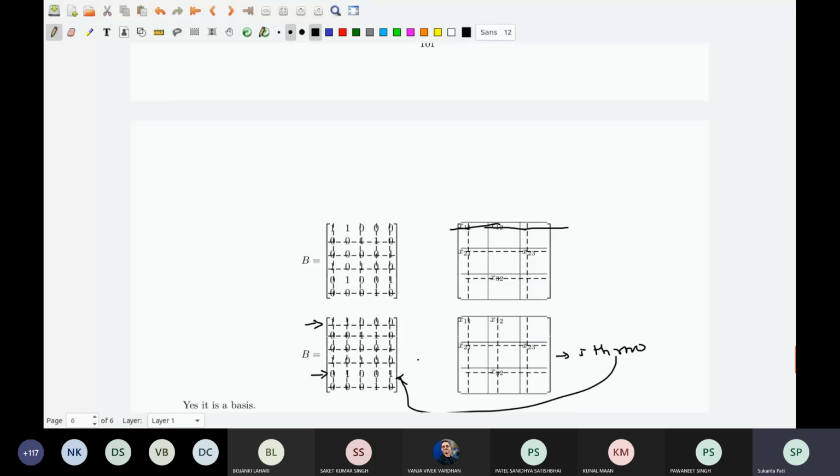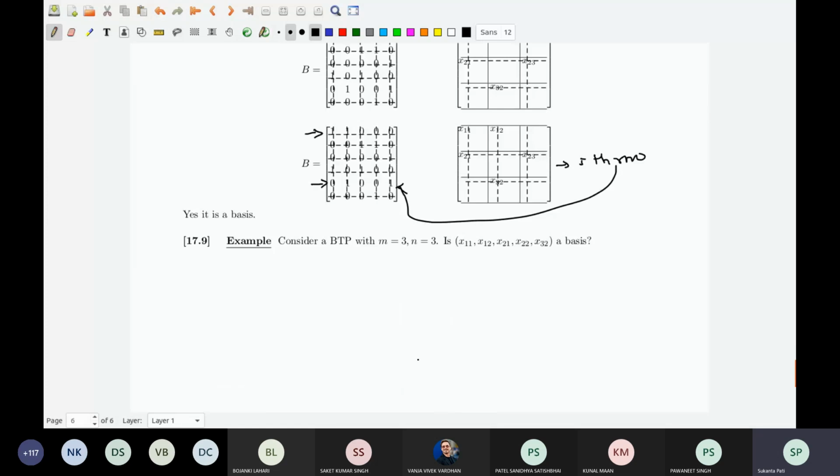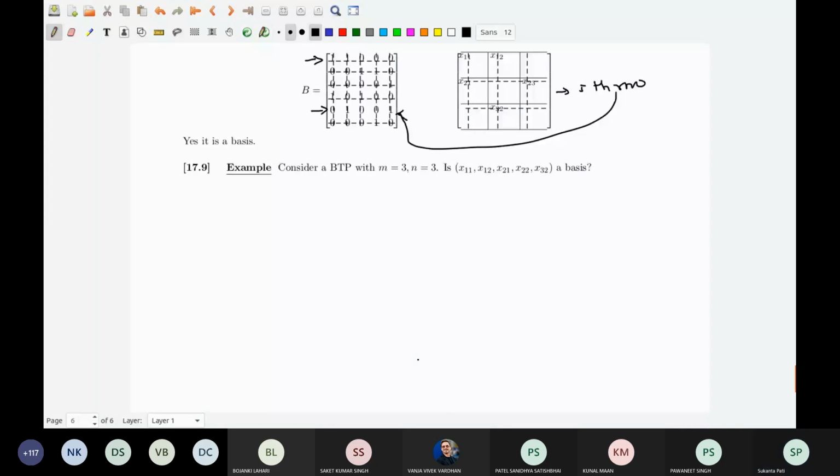For example, let me take one more over here. I will do it here. Let me write the matrix.